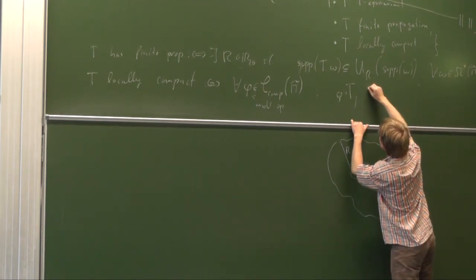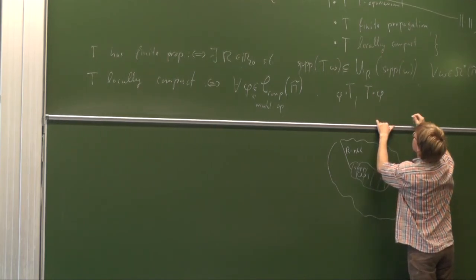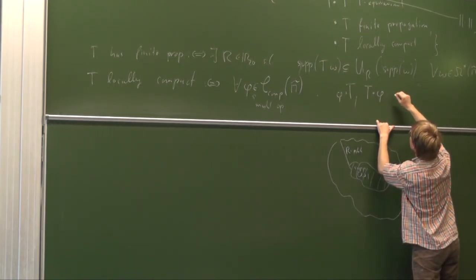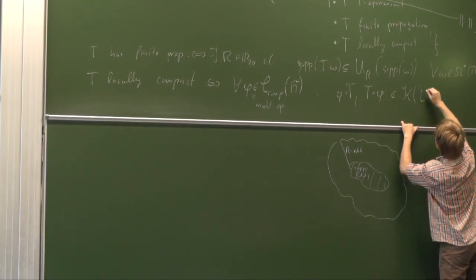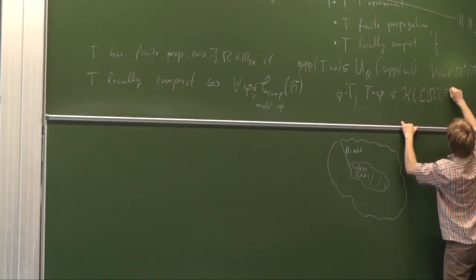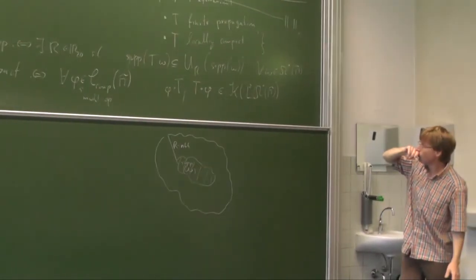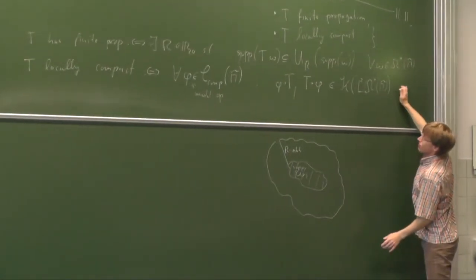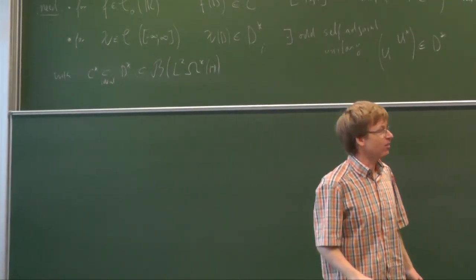And similarly, if we do it in the other order, first multiply with phi and then let the operator T act, those should both be compact operators on L2 forms. And a generalization to other bundles and sections is evident. Okay, so that's the definition, and we have a task to check the properties in a second.